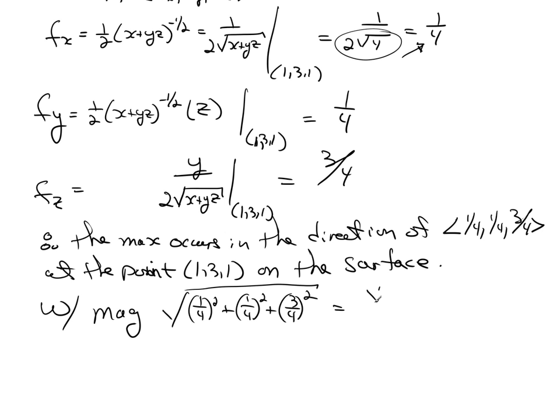So this is going to be root 11 over the square root of 16, which is obviously 4. So, root 11 over 4. So this is the direction of the maximum ascent, if that's what I want to think about it, off that surface. And that's the magnitude of the ascent.